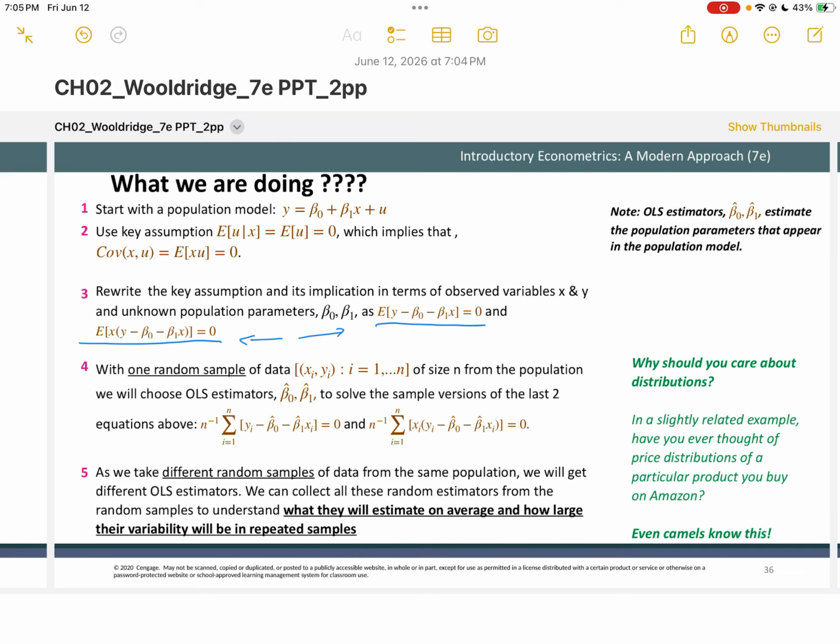So we are interested in seeing a distribution of beta 1 hats. Why do we care about distributions and not just the one value?